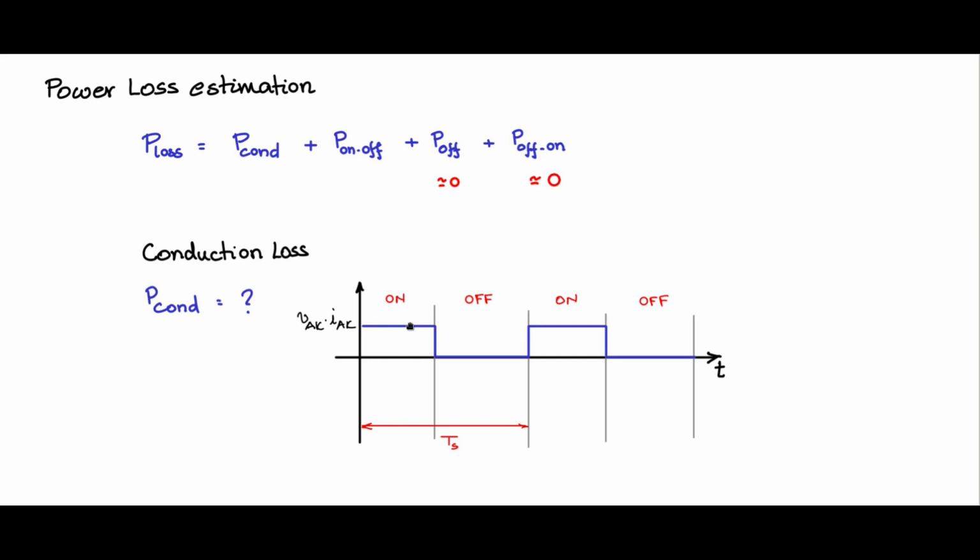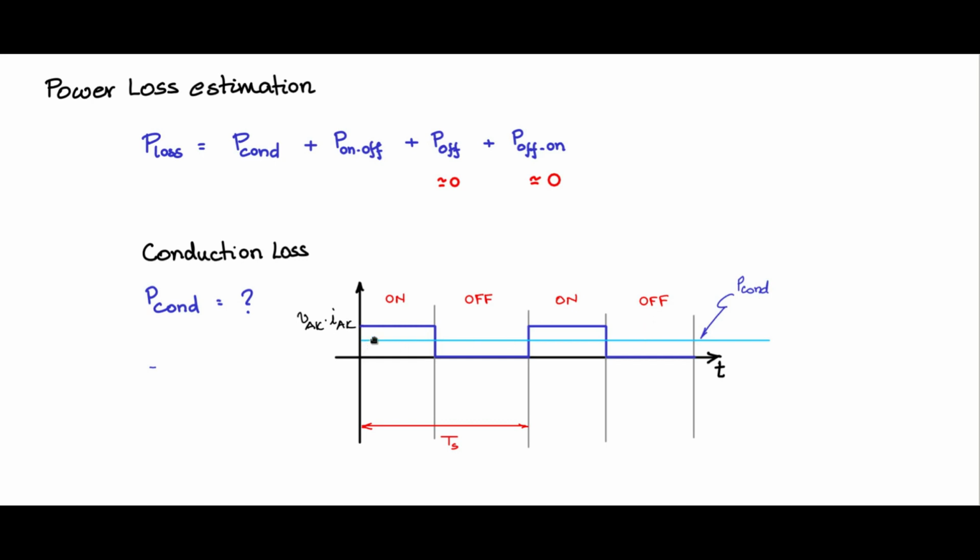on time. So what it basically means is that we need to take an average over a period. So if you draw an average, which looks like this here, this would be the average loss, and that would be the conduction loss.